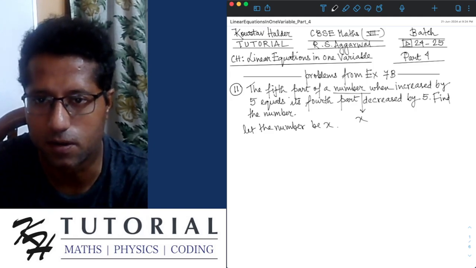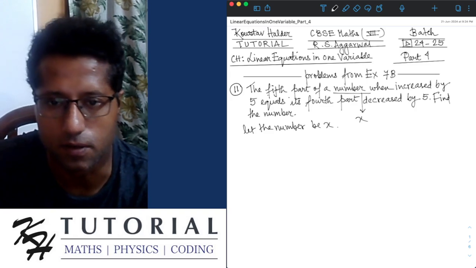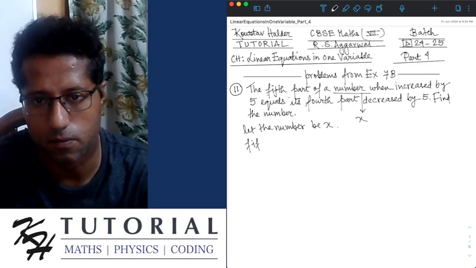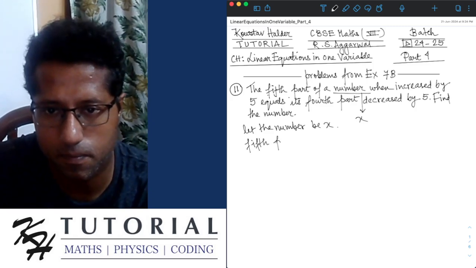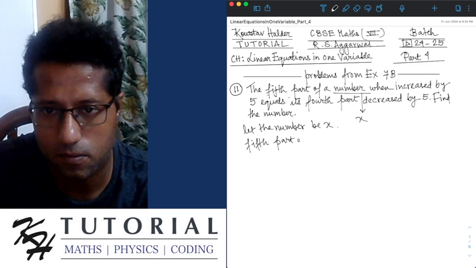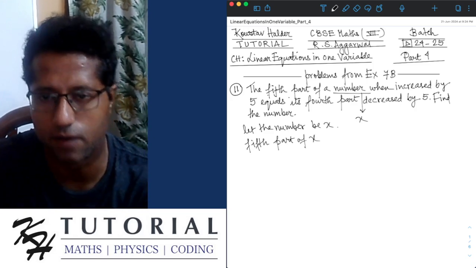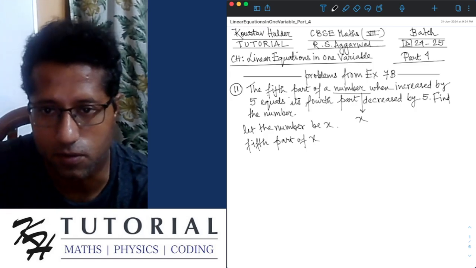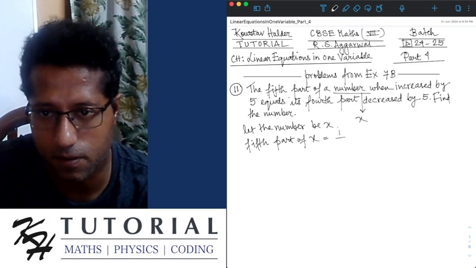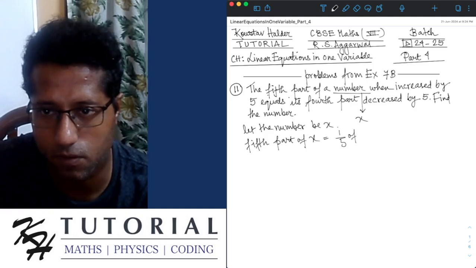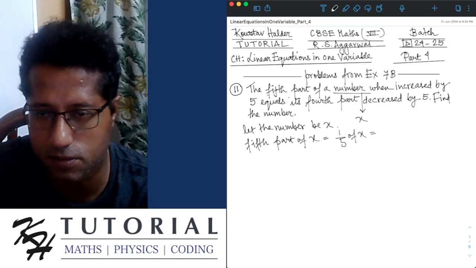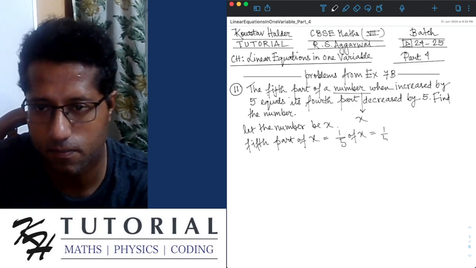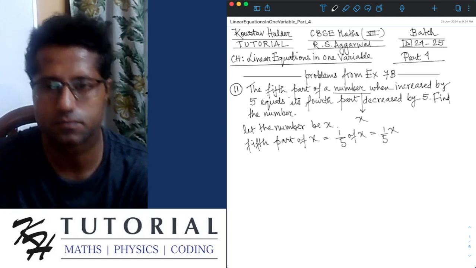Now you have to understand what exactly it is trying to say. The fifth part of a number, fifth part of x. Since we have considered the number as variable x, the fifth part of x is nothing but 1/5 of x, where the of operator means multiplication. So this is 1 by 5 x.